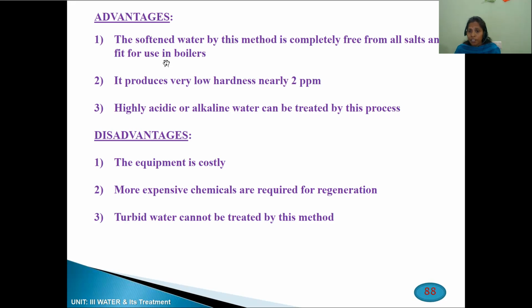For power generation industry, they are using the boilers. If they are using the hard water in the boilers, many drawbacks are arising. So to prevent that, we can use the ion exchange method water, because it is free from all salts, because we have removed all the cations and all the anions in the hard water sample.